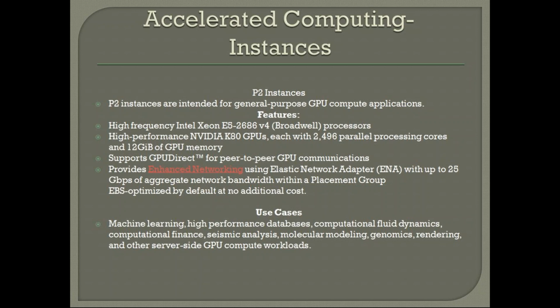So molecular modeling is nothing but different kinds of molecules that are being used in the chemical industry, or for example in some kinds of pharmaceutical industries, how the molecular models are. And genomics is nothing but it deals with genes and DNA, rendering, and otherwise server-side GPU compute workload.